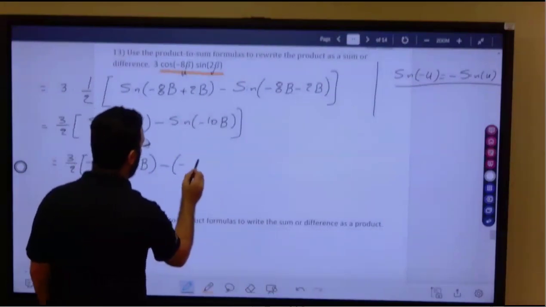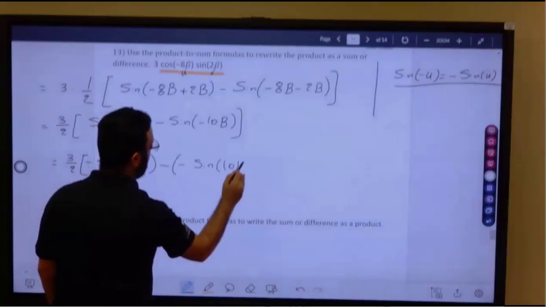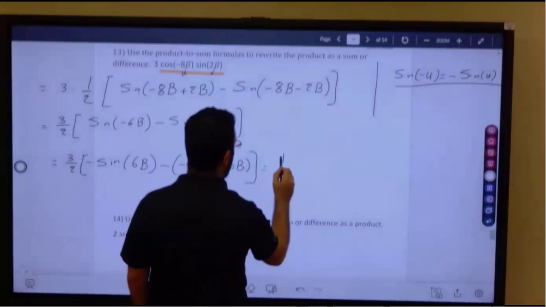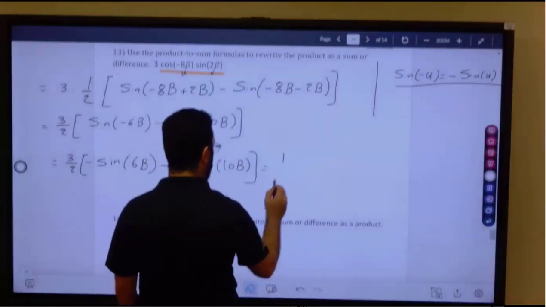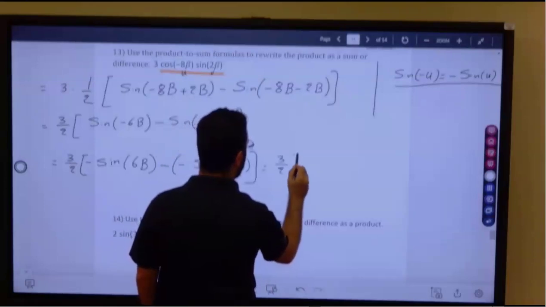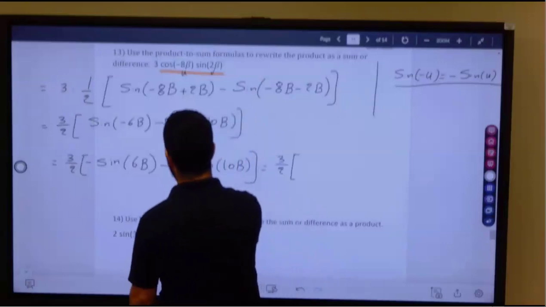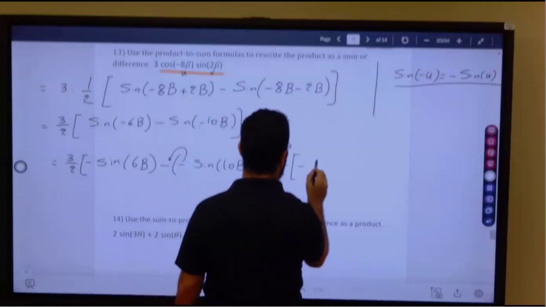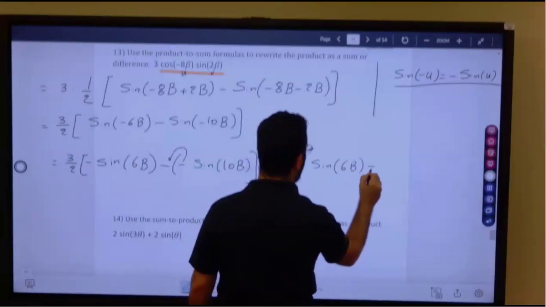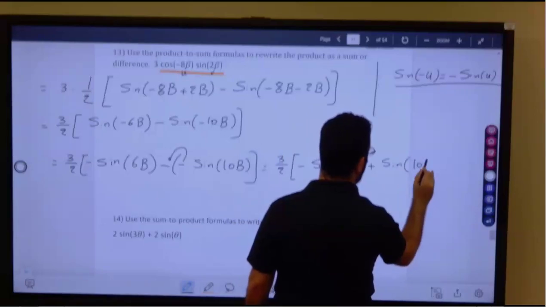That is going to be negative sine 6b minus negative sine 10b. So that's 3 over 2. Negative times negative is going to be positive. So it'll be negative sine 6b plus sine 10b.